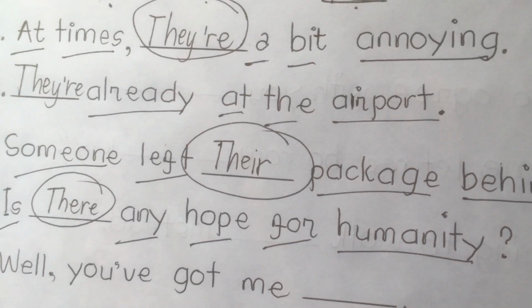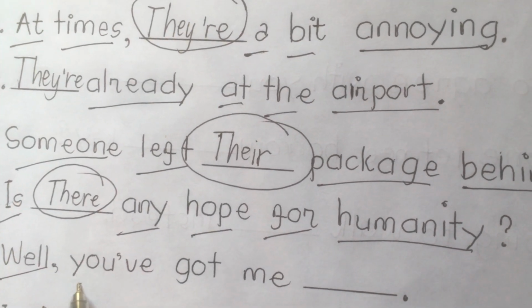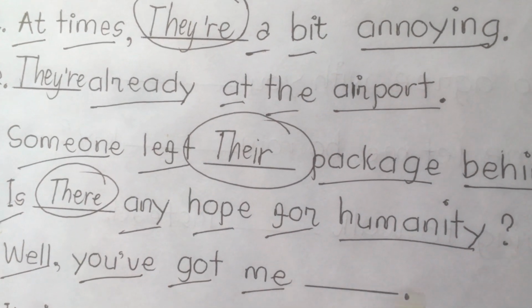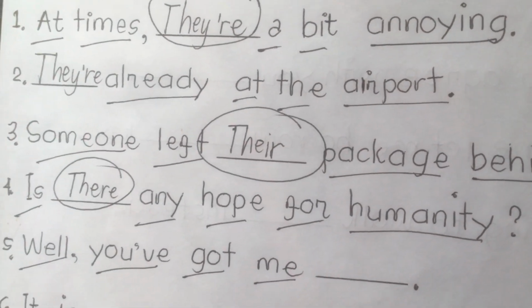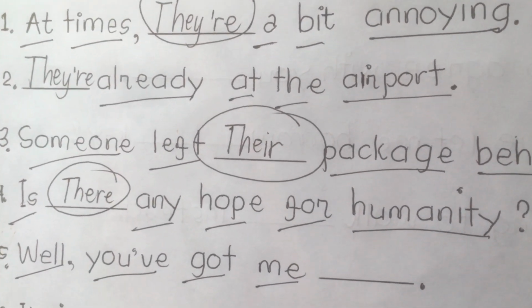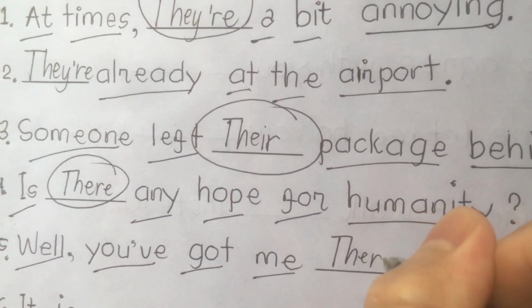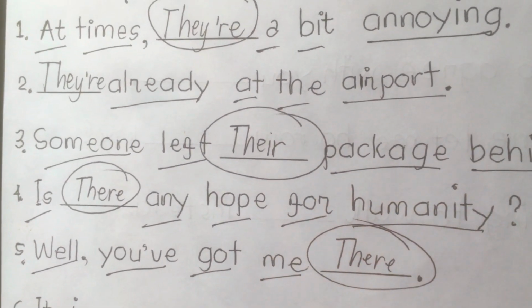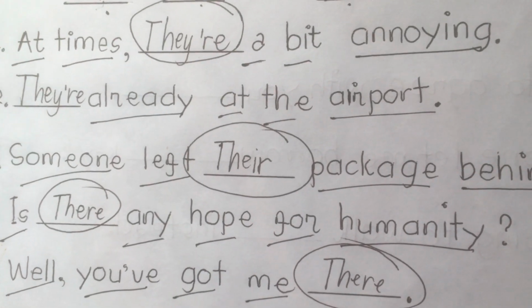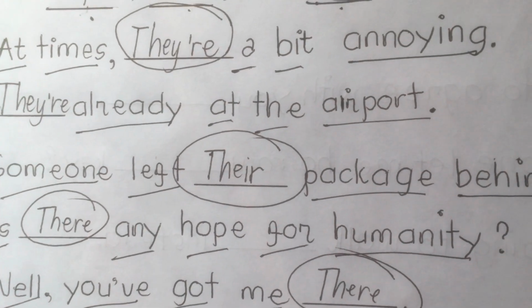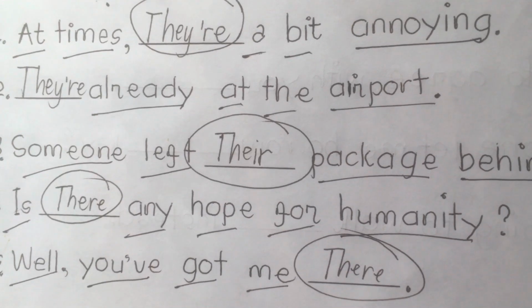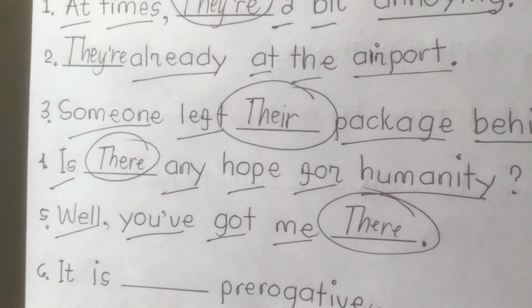Number 5. Well, you've got me blank. What is the right answer for this? For number 5, we are going to write there. That means this particular word shows place, and is used as a pronoun. Number 6.